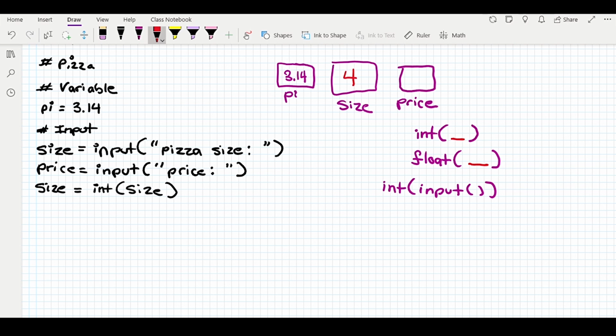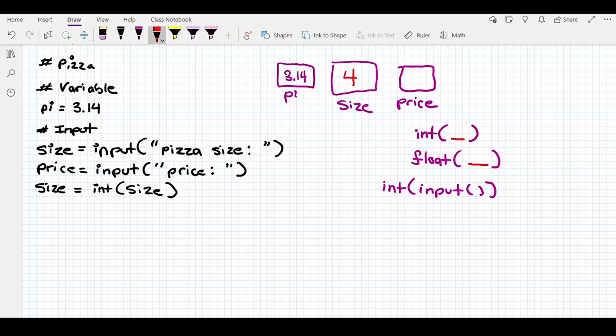So when a program runs, and let's say someone enters a 4, that's not actually the number 4, it's the string 4. You can't do math with the string 4, but you can do math with the int 4. That's an error that some of you may have seen in your code. You might have gotten a type error. When you see that, that means you're trying to do math with a string, or you're trying to do something that you're not supposed to do with a Boolean or an integer or a float.